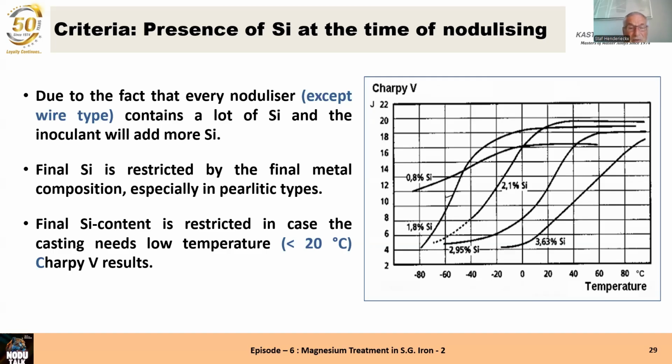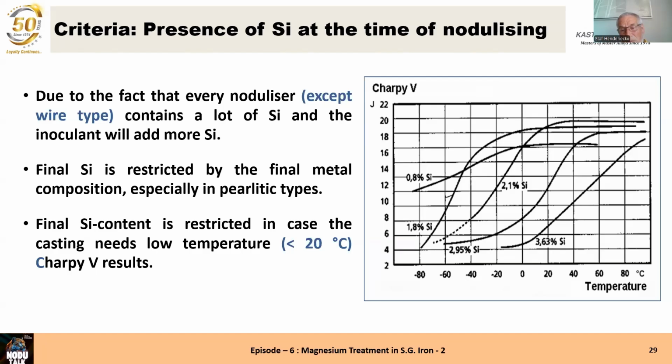Why is that important? First, if the silicon content is much too high, you will have difficulties to get pearlitic iron. And secondly, when the silicon content is high, you get Charpy V results at low temperature which definitely are not okay. The graph at the right side shows you the difference.